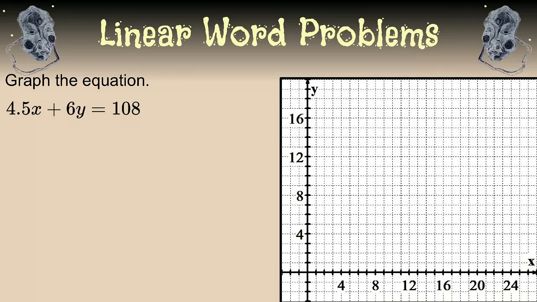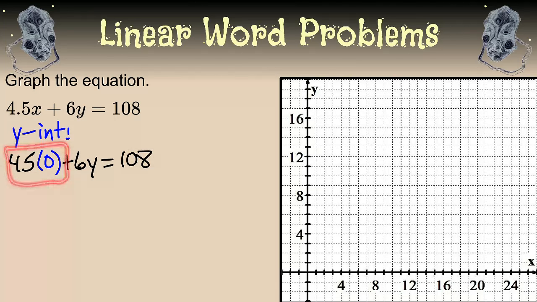So we need to plug in 0 for x to find the y-intercept. So 4.5 times 0 plus 6y equals 108. This makes 0.